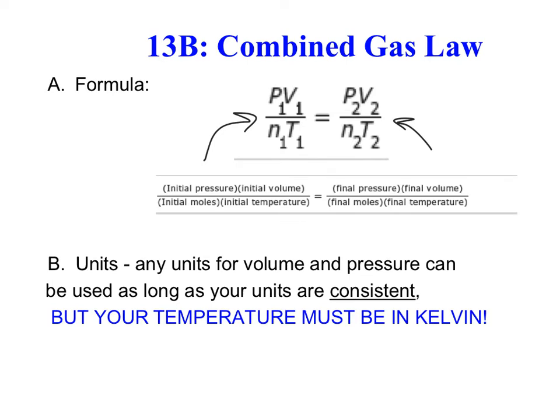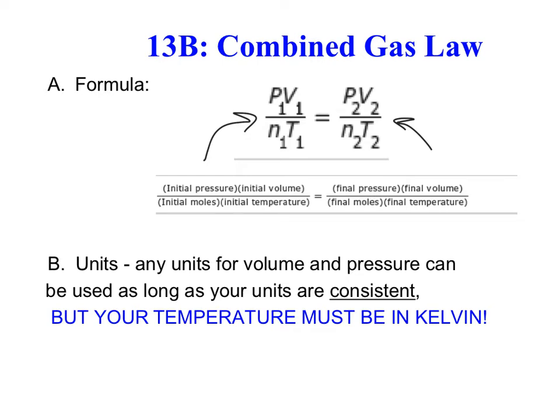Unlike PV equals nRT, where your units were very, very specific, this time, with the combined gas law, you can use pretty much any units you want for pressure or volume. Well, it always needs to be number of moles. The only one that still has a requirement is that Kelvin must be your unit for temperature. Remember, we're using that scale in order to avoid potentially trying to divide by 0.